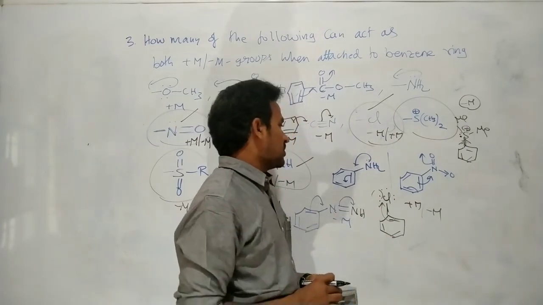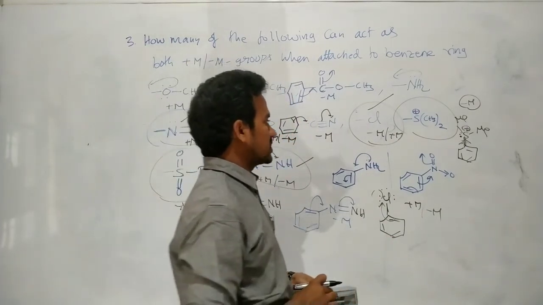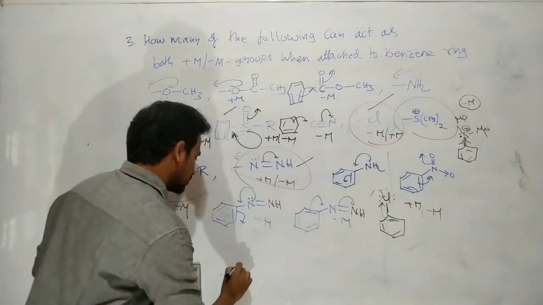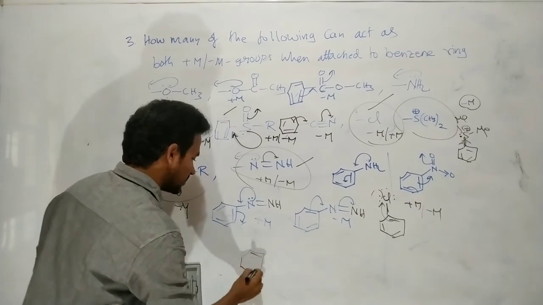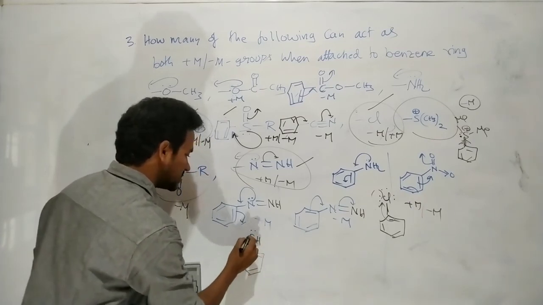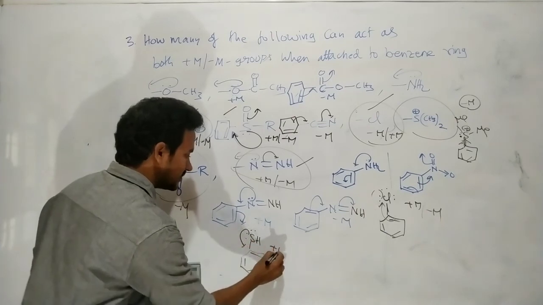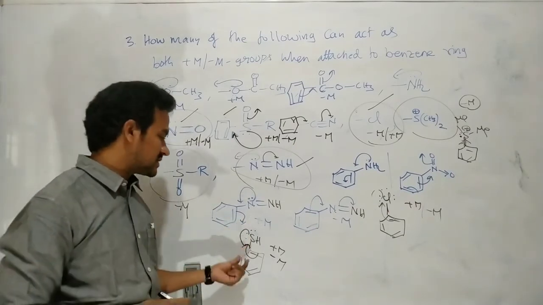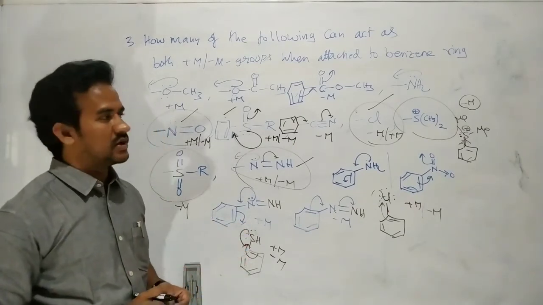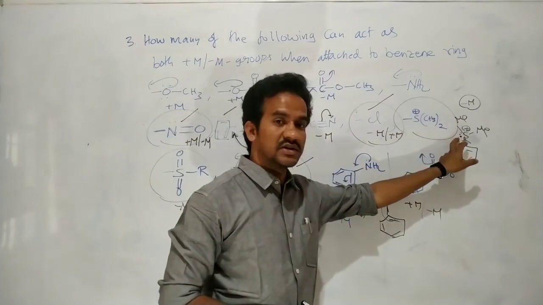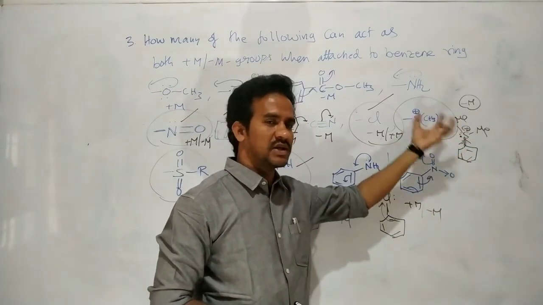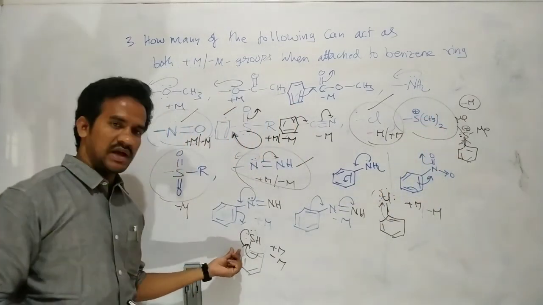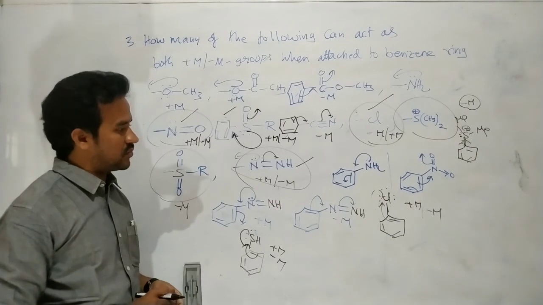And next, one more interesting point: like halogens, the SH group also acts as both plus M and minus M because of the vacant d orbitals in sulfur. But in the charged case, the positive charge is already there, so it cannot donate but accepts electrons into the vacant d orbital, so that's why minus M. Here plus M as well as minus M. That is a very important point.